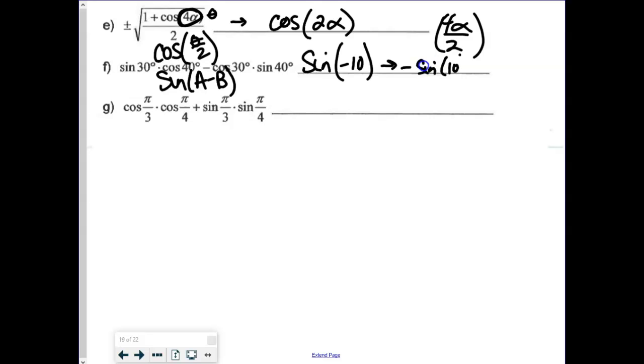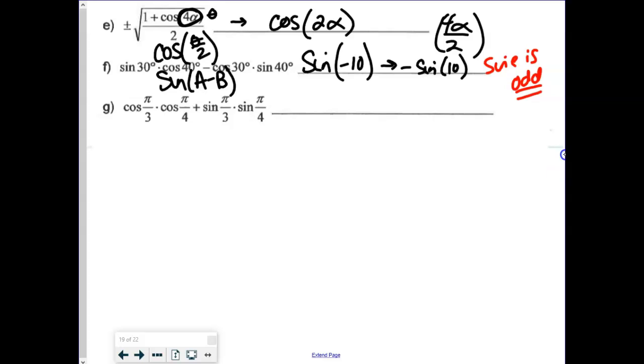Anybody know what allows me to do that? Sine is odd. So if you have a negative inside of a sine function, you can pull it out in front of the function and then no longer have a negative inside. Now, if you didn't do that on a test, I definitely wouldn't count you wrong.